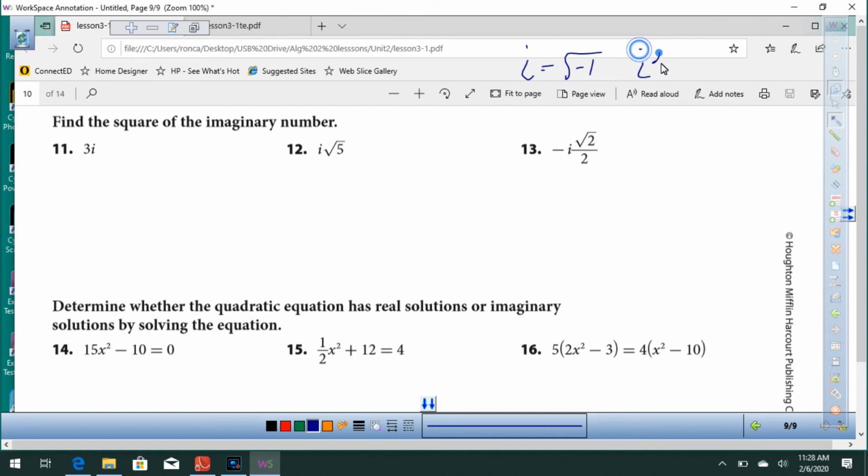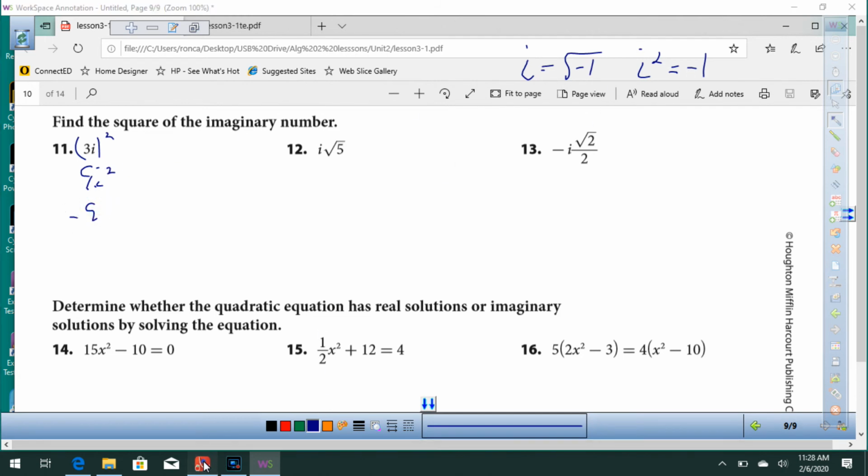So i squared equals negative 1. So find the square of the imaginary number. Let's square it. That's going to give you 9 times i squared, which is negative 9, because i squared is negative 1.